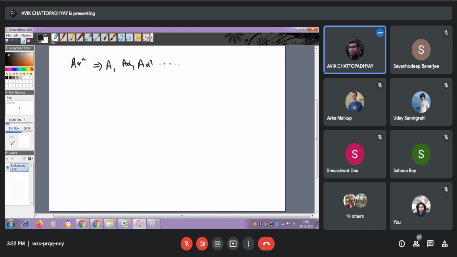Now suppose it starts from n equals minus infinity. Then on the left hand side also, I can have different values like a alpha to the power minus 1, a alpha to the power minus 2, and so on.